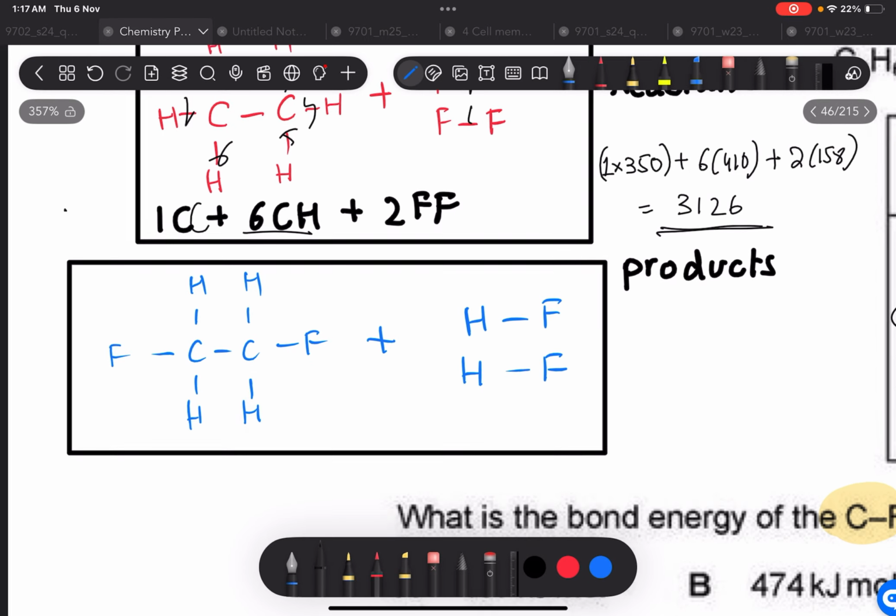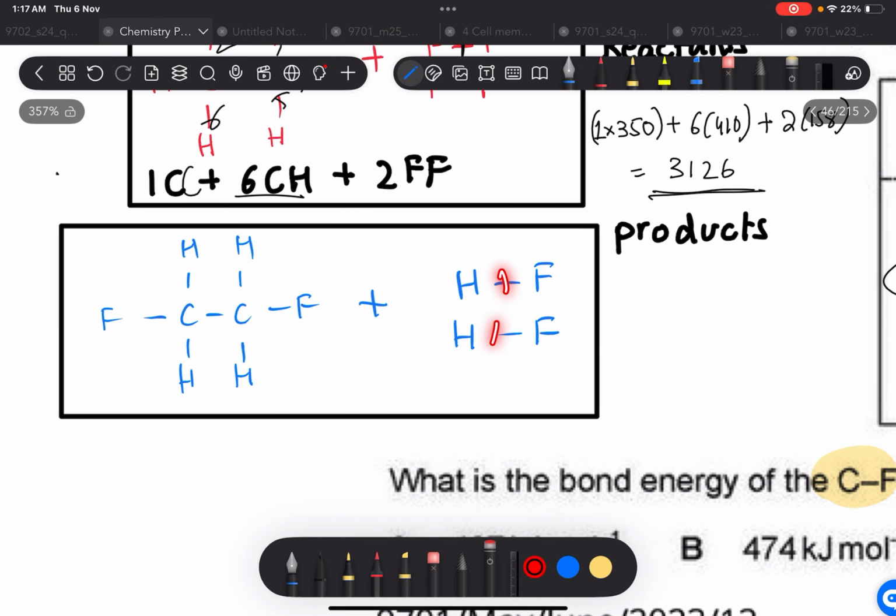So now in the product, bonds are going to be formed, so we have to calculate the energy that's going to be given out. Firstly, 1 CC bond I can see, so I'm going to write 1 CC bond. Plus I can see 1, 2, 3, 4 CH bonds. I hope you can see it. 4 CH bonds.